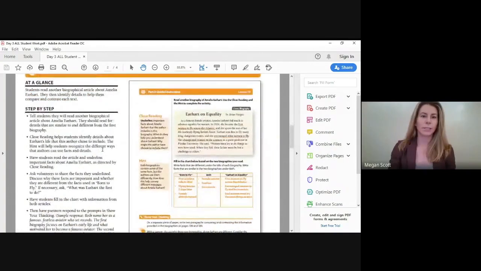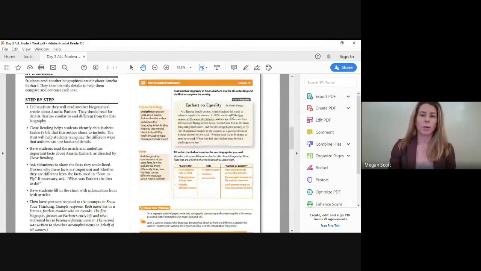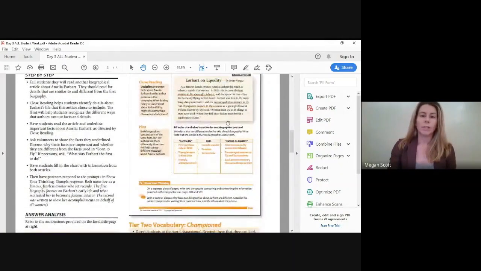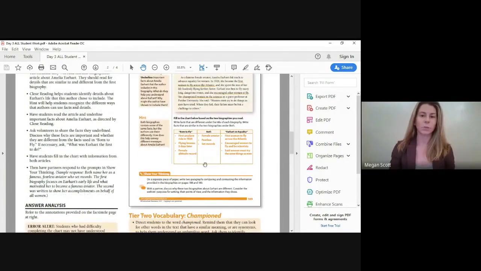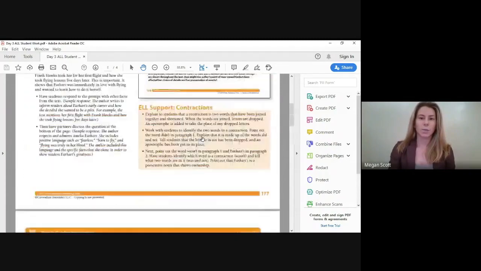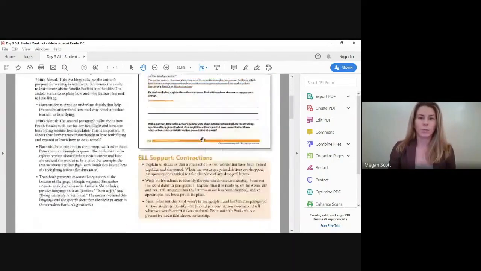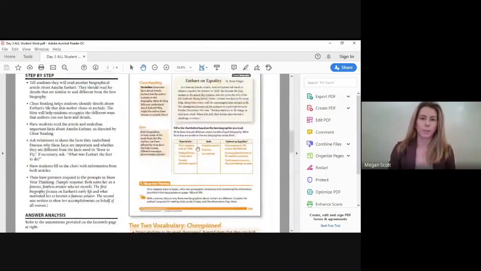If you scroll down to the second page, where you read Earhart on equality, the Venn diagram is completed. Yours might look similar. It could also look a little bit different and still be correct. So let's review some of the answers they gave. Both texts, Earhart on equality and Born to Fly, discuss a female aviator.